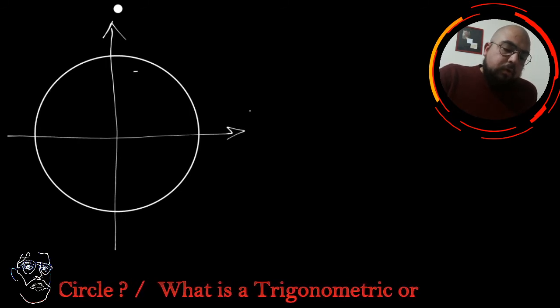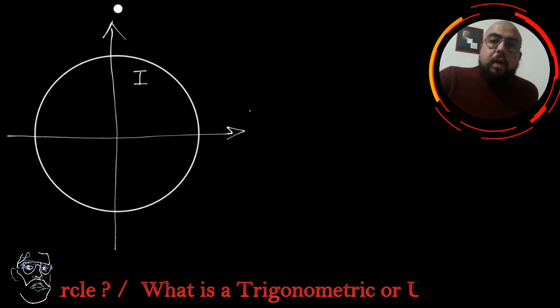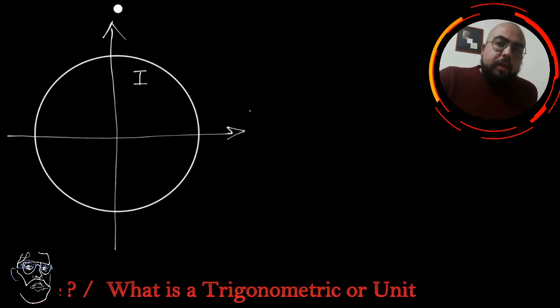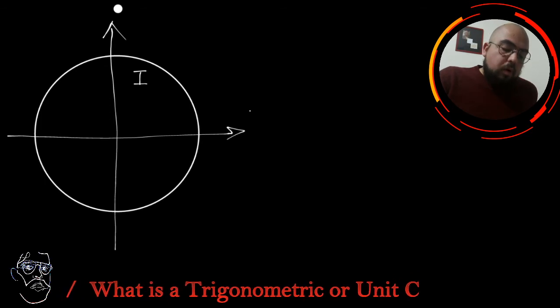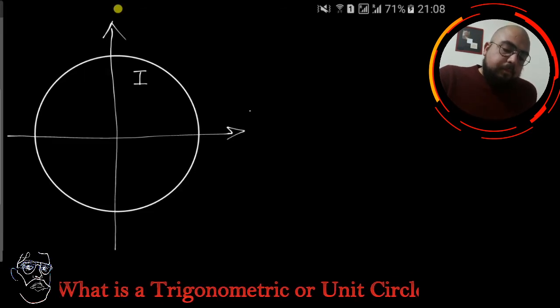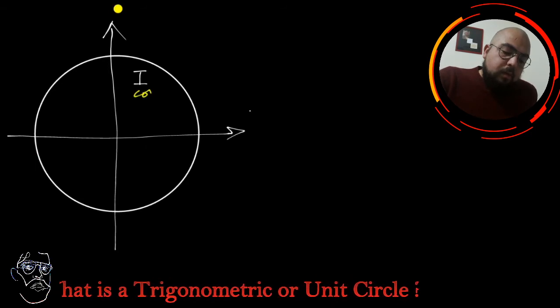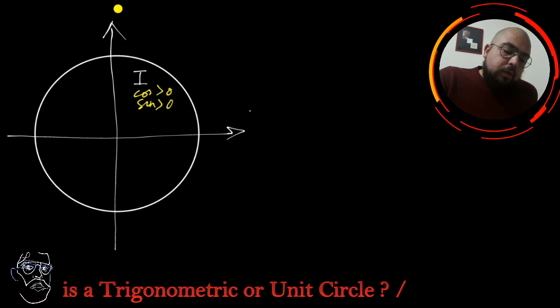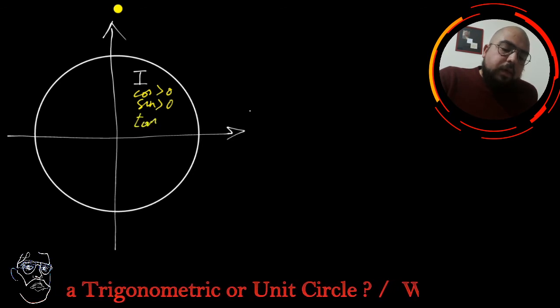What do we know about the first quadrant? In the first quadrant, the abscissa is positive, the ordinate is positive, so automatically you will have cosine positive, sine positive, so tangent positive, cotangent positive.